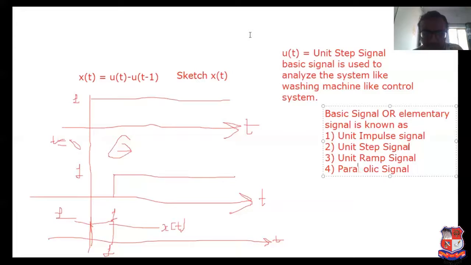See, this is the example. Unit impulse signal means what? It starts at t equal to 0. Amplitude is 1. So it is known as the basic impulse signal, present in the time domain.